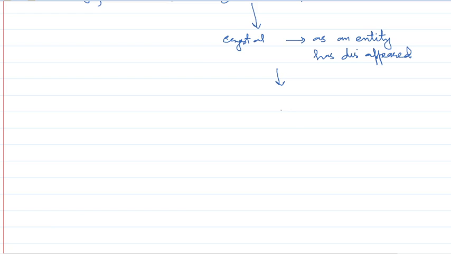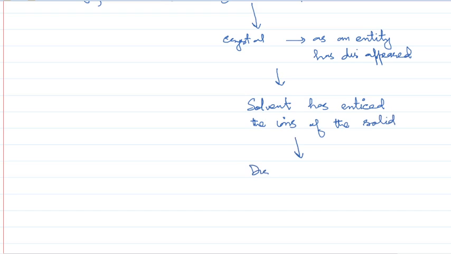What has the solvent done? The solvent has separated the ions of the solid, or produced the ions of the solid, you can say. This way dissolution of an ionic crystal takes place.